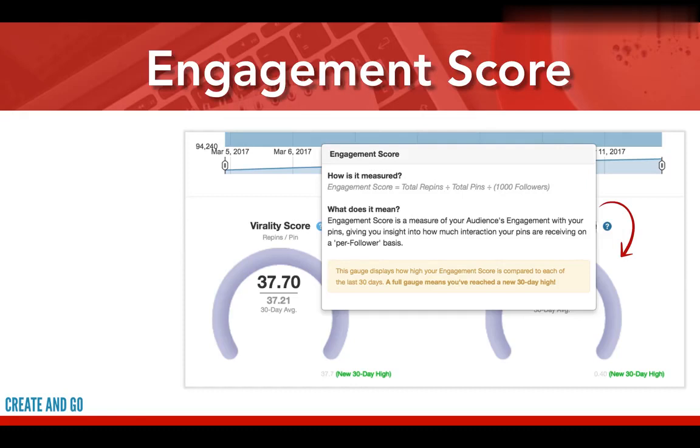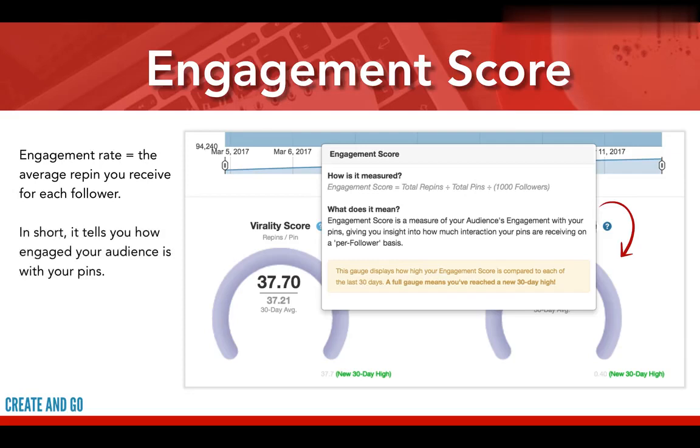The next score is engagement score. Your engagement rate equals, I think I actually meant engagement score there, the average repins you receive for each follower. So in short, it tells you how engaged your audience is with your pins.